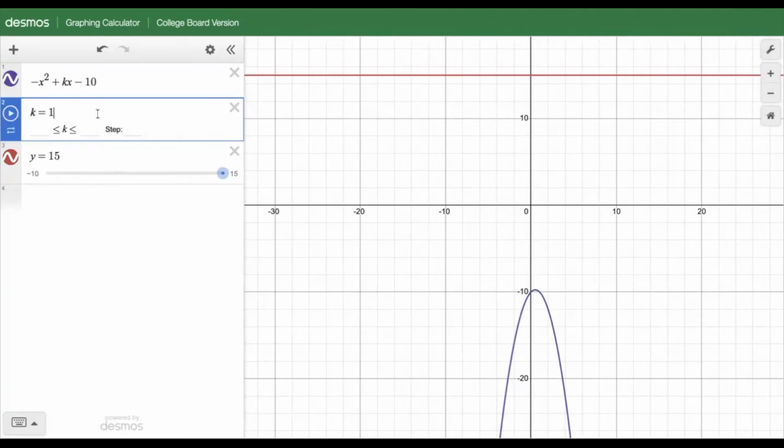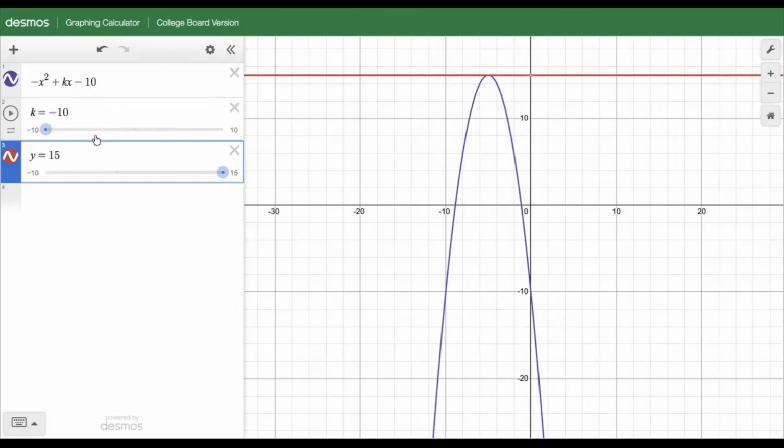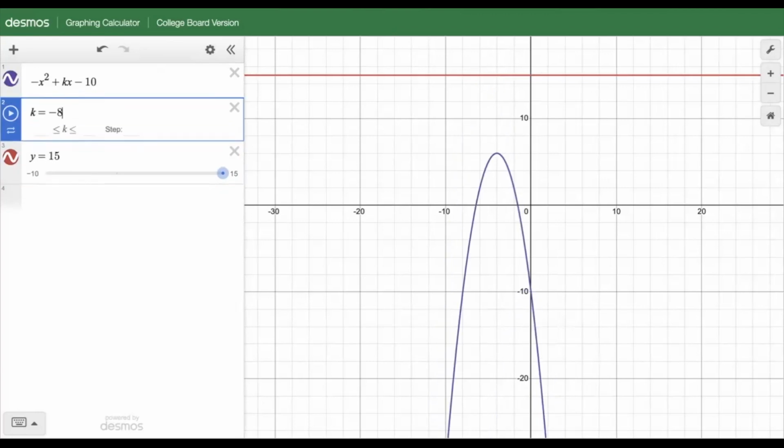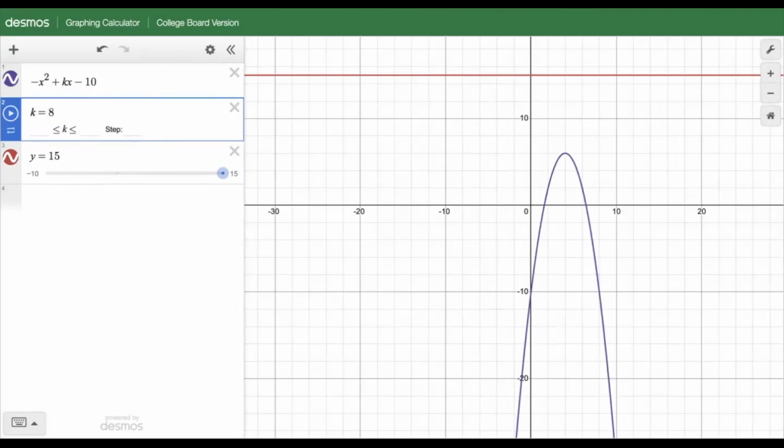Okay. So then I'm simply going to check the answers. So the first answer is k is -10. And what I want is it says it wants there to be one intersection or one solution, and this actually is the answer. You can see the parabola hits this line once. And if you want to double check, when you throw in the other answers, -8, it doesn't intersect at all. +8, it doesn't intersect at all.